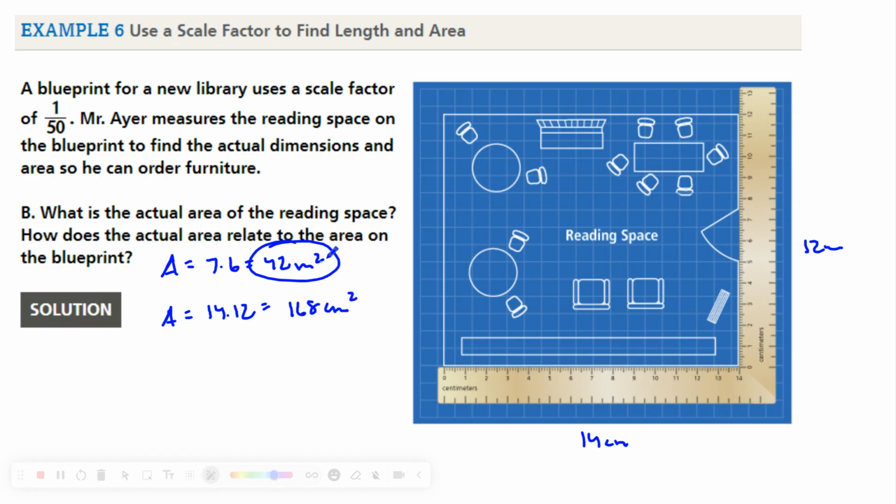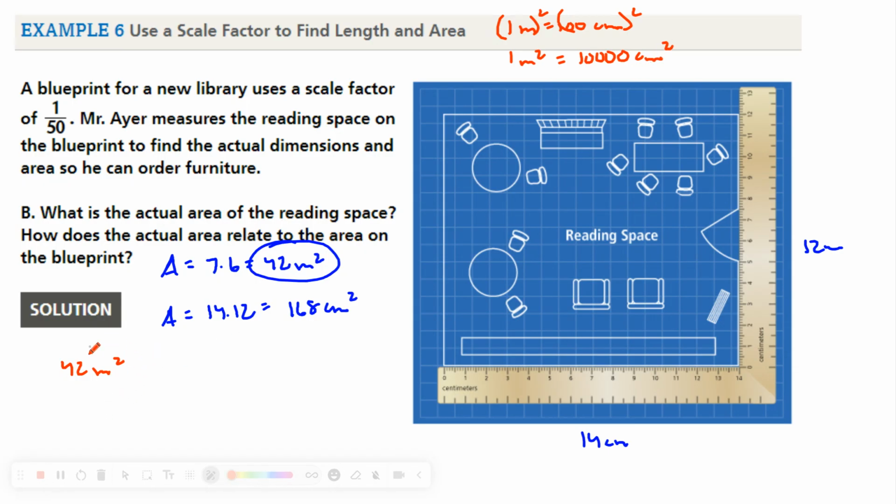I need to compare these using the same units. So I'm going to take the 42 meters squared and turn it into centimeters squared. Now again, 1 meter is 100 centimeters, so 1 meter squared is 100 centimeters squared, and 100 squared is actually 10,000.